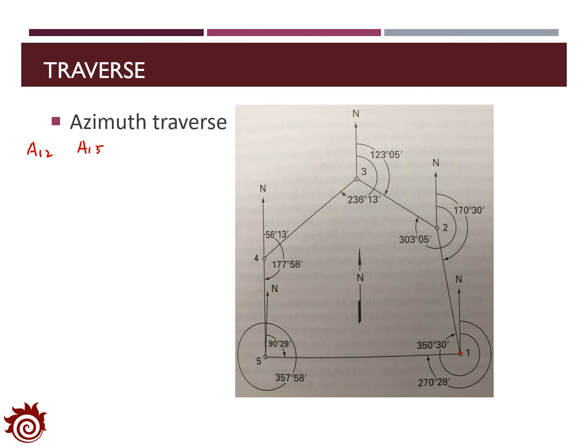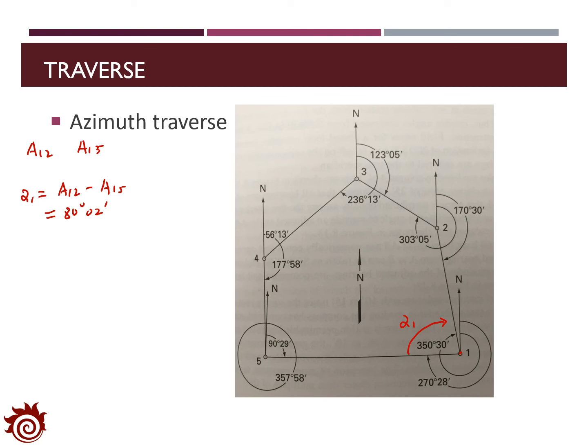And then we can use this information for the estimation of the interior angle. For example, for the interior angle 1, we have alpha 1 equal to A12 minus A15, which will give the value as 80 degrees 2 minutes.